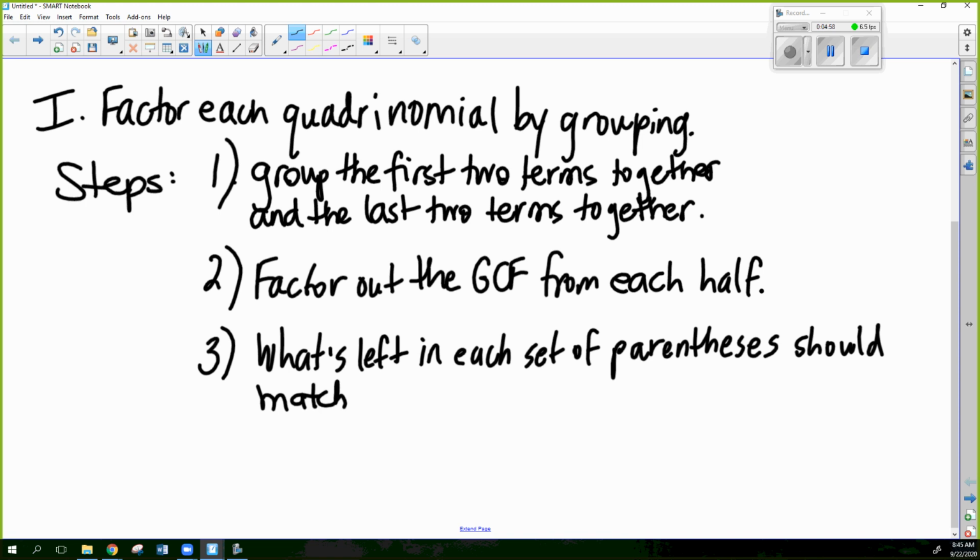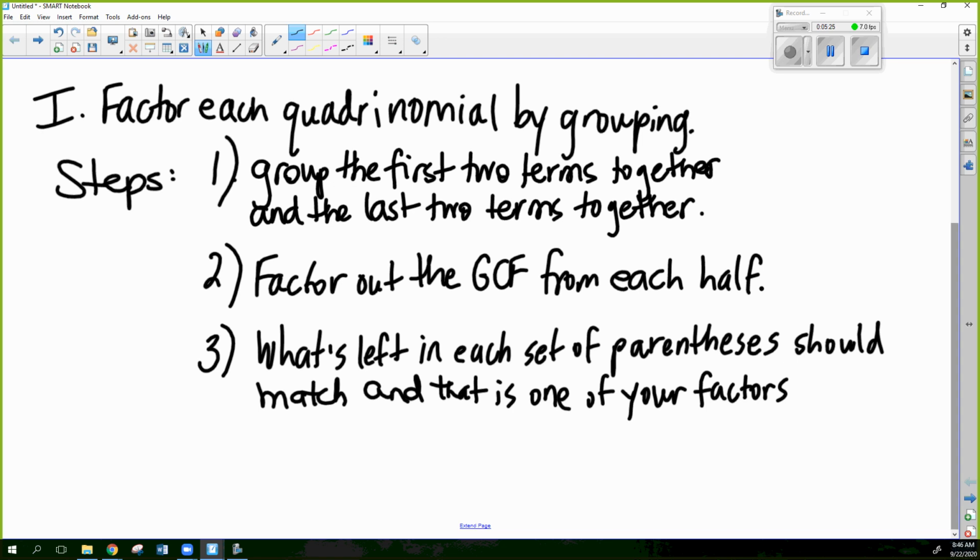All right, or it doesn't actually factor by grouping. All right, so what's left in each set of parentheses should match, and that is one of your factors. And again, hopefully this will make more sense when you actually see me work a problem.